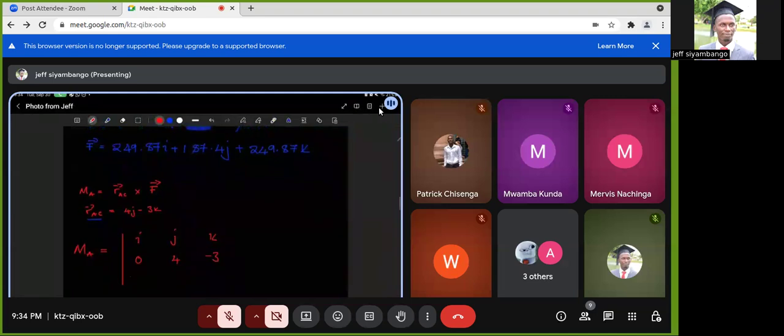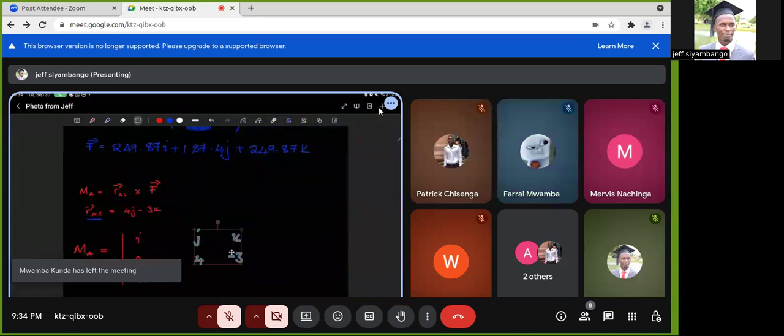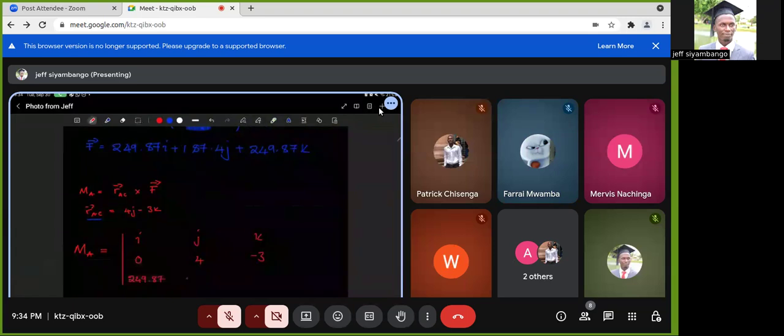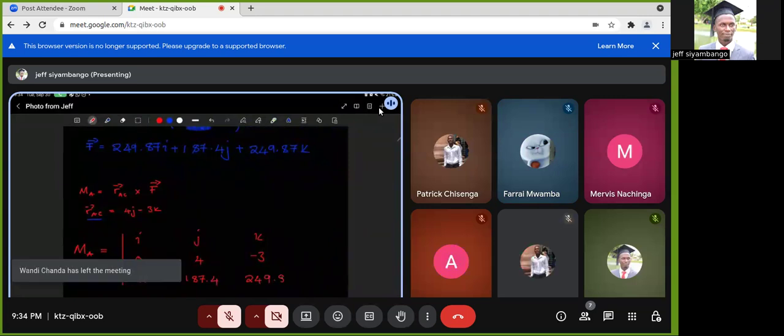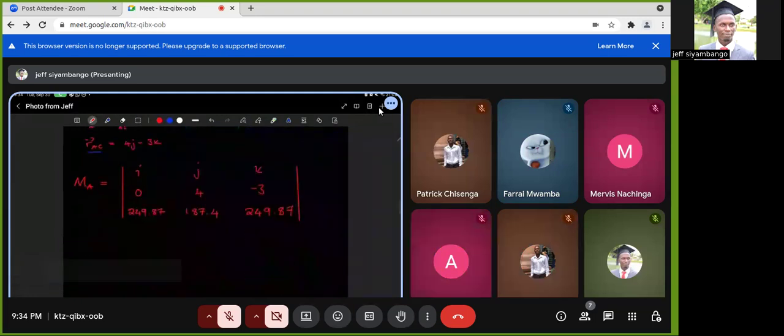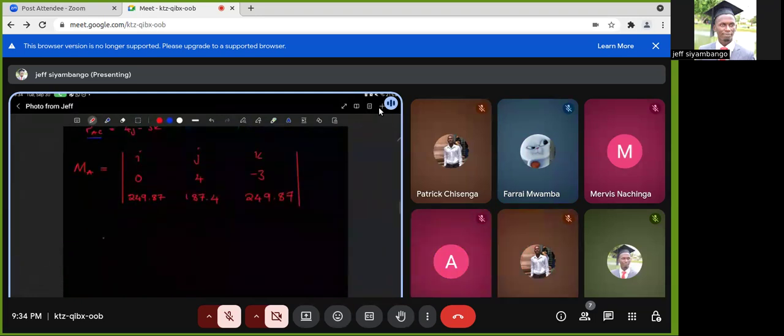And then from the force, we have 249.87, and then 187.4 under j for the force, and 249.87. Now we can get the moment.